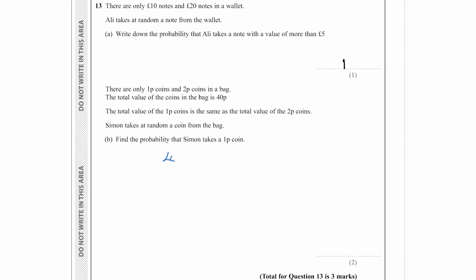Well, if there's 40p in total, then for there to be an equal value of 2p coins and 1p coins, there must be 20 1p coins, I think, and 10 2p coins. So I think we could say 20 times 1p equals 20p, and 10 multiplied by 2p equals 20p.